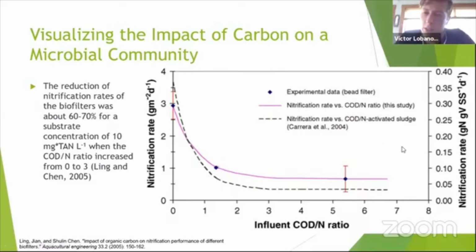And I thought this was a good visualization of how strongly carbon can influence a microbial community. This was a study in the Aquaculture Engineering Journal on biofilters, but they noted that when they changed the amount of chemical oxygen demand, which is basically a proxy to measure the amount of carbon available in a sample, just by changing the amount of carbon going into the biofilter, they significantly influenced the nitrification rate, meaning that they significantly changed the nitrifying community.